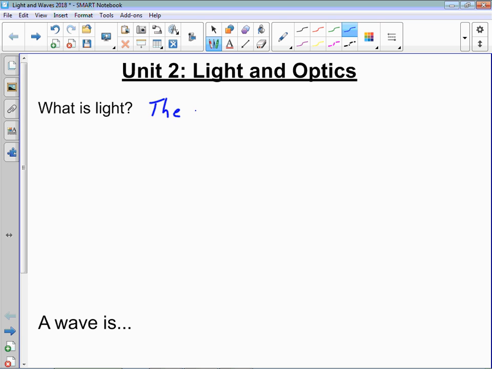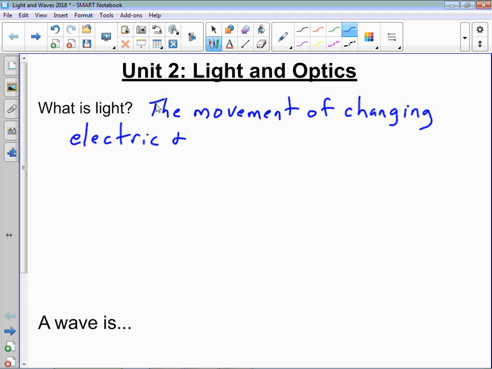It's a movement. Light moves. And it's actually the movement of changing electric and magnetic fields through some area of space.